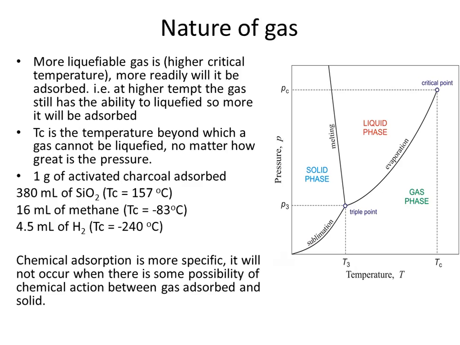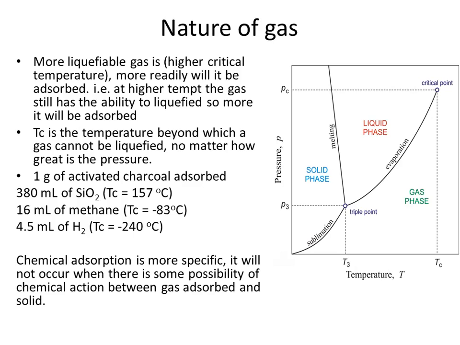So how are they going to affect adsorption? If we consider the nature of the gas, the gas is the adsorbate and the solid is the adsorbent. So how does it adsorb in physical adsorption and chemical adsorption? We will discuss both processes with respect to each factor.